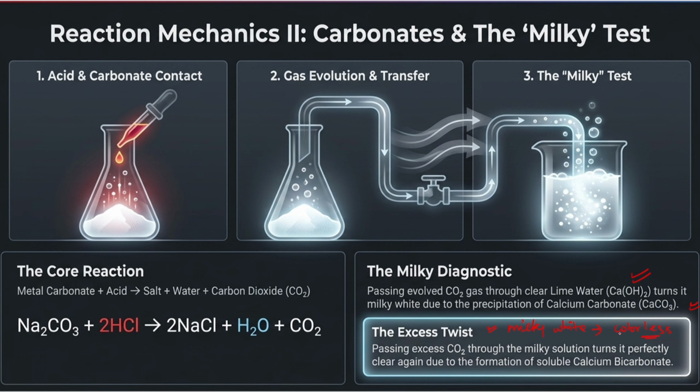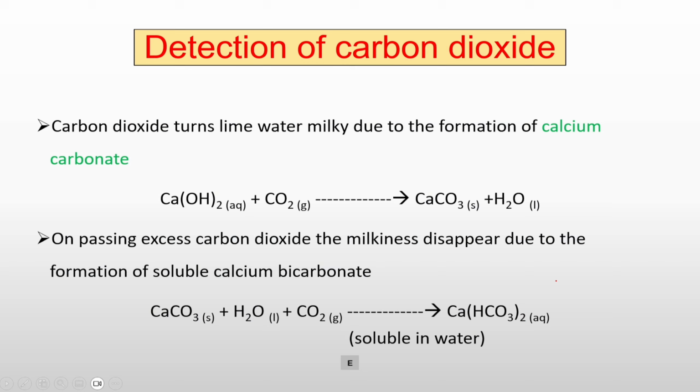Because if the amount of CO2 is more, passing excess CO2 through the milky solution turns it perfectly clear again, due to formation of soluble calcium bicarbonate. Now this carbonate is becoming bicarbonate if you pass excess CO2. So again it will become colorless from this milky white part. So this you need to know, the excess twist.